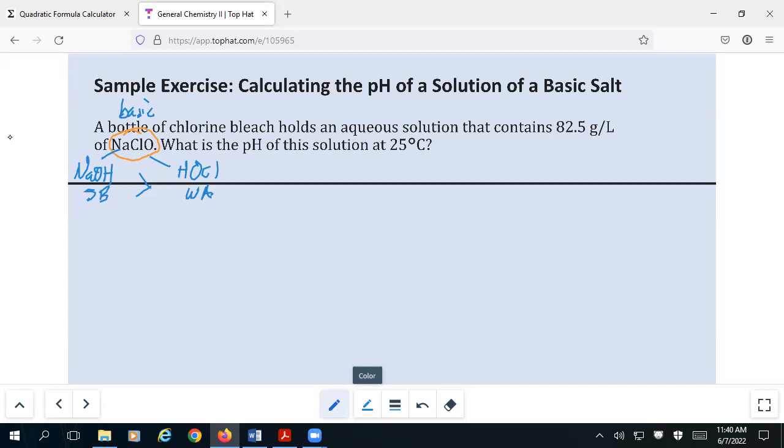And as a basic salt, we are going to rely on the anion to provide that basicity. So it's going to be the hypochlorite ion that does the work of acting like a base here.